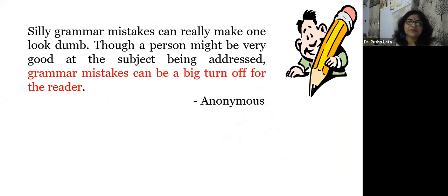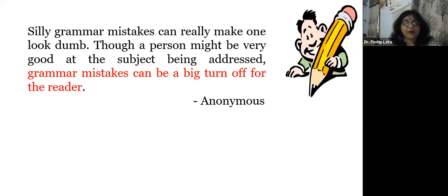Silly grammar mistakes can really make one look dumb. Though a person might be very good at the subject being addressed, grammar mistakes can be a big turn off for the reader.